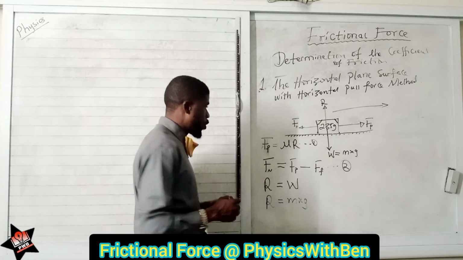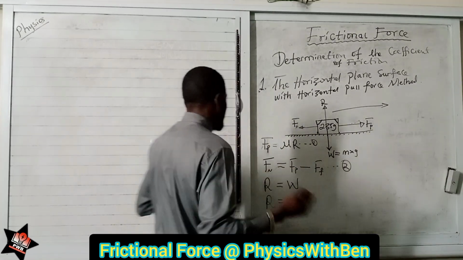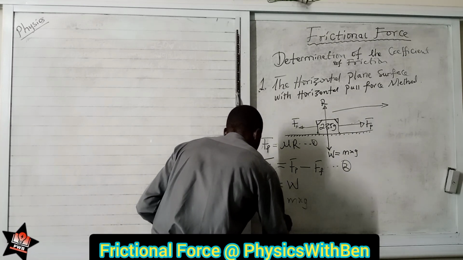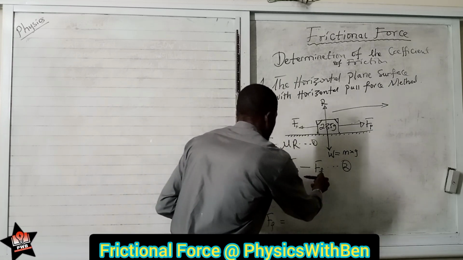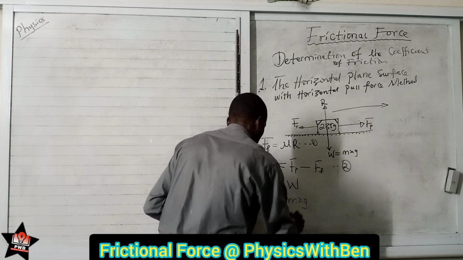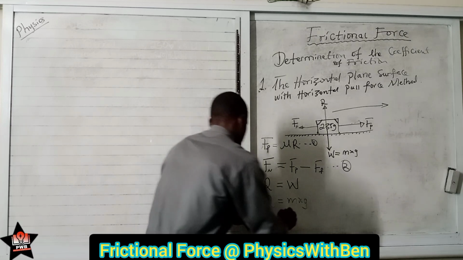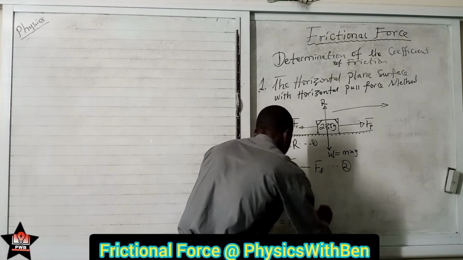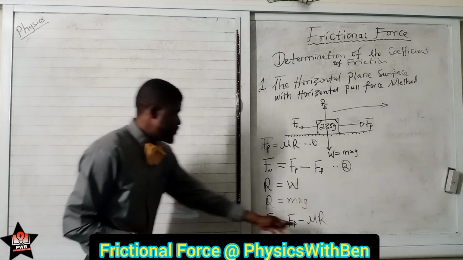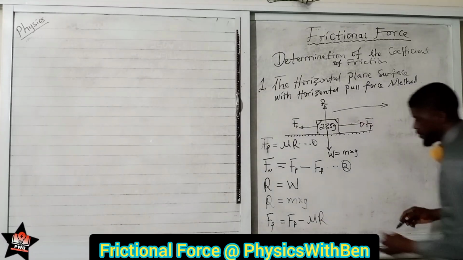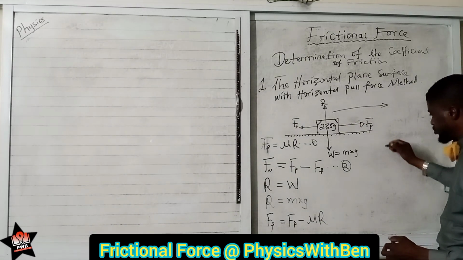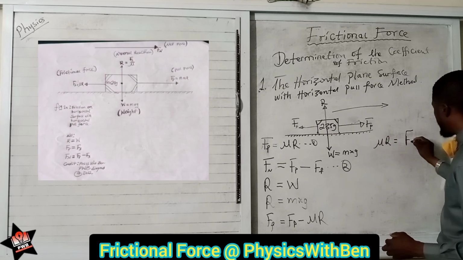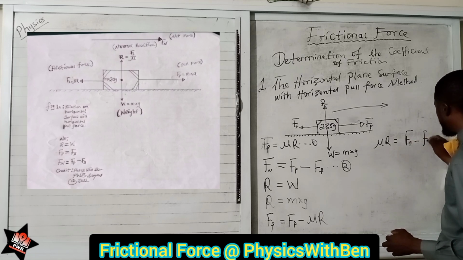So from here we can still write that net force Fn is equal to the pull force minus mu R. So you can make mu the subject of the formula by writing that your mu R is equal to the pull force minus the frictional force.